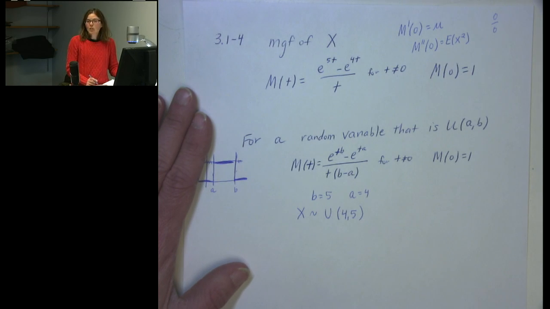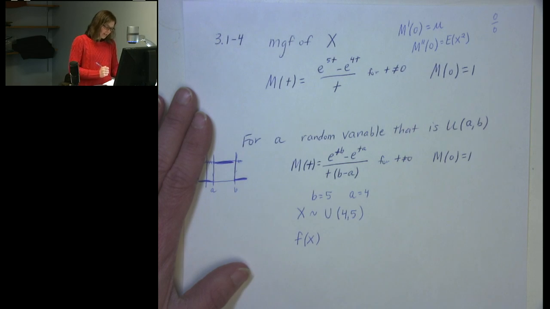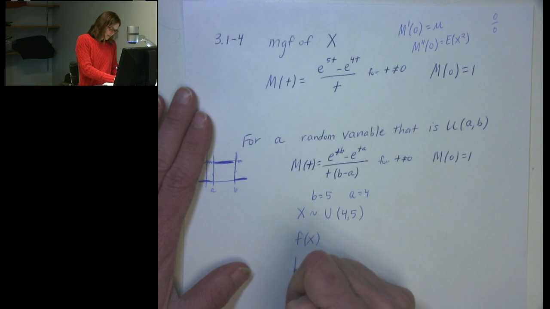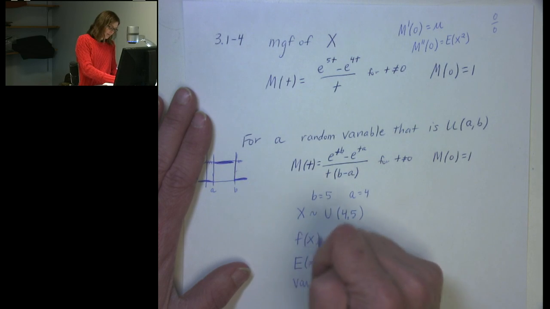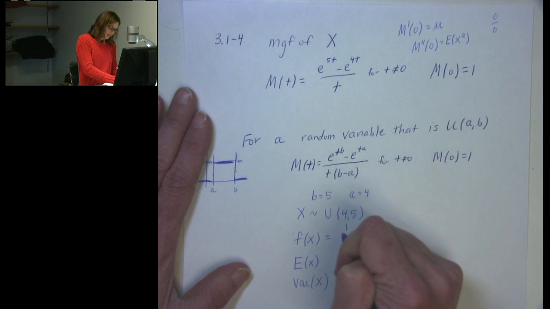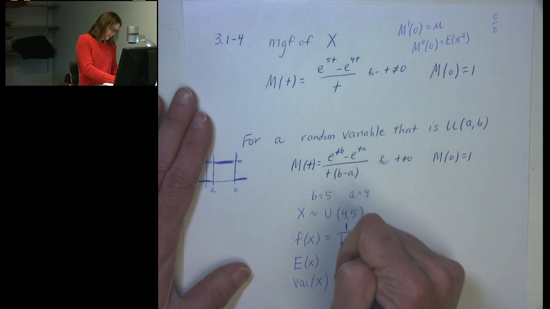And then we can use that fact to find, I think it asks us to find, the probability density function f of x, the expected value of x, and the variance of x, if I remember properly. And just keep in mind that the probability density function in general for a uniform continuous is going to be 1 over b minus a.